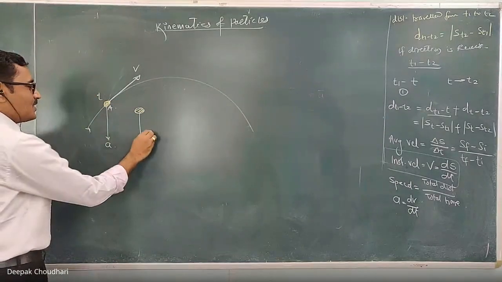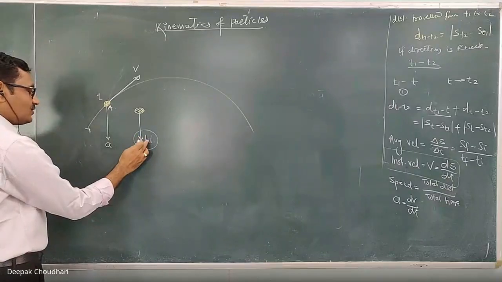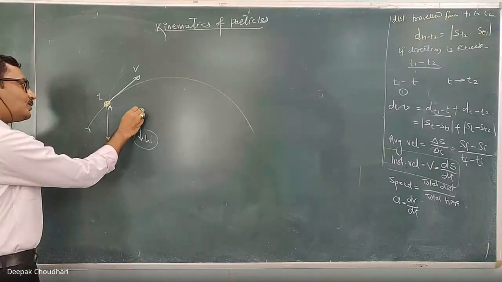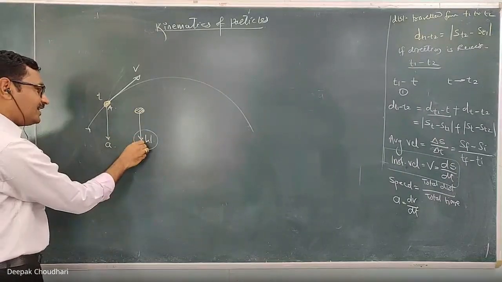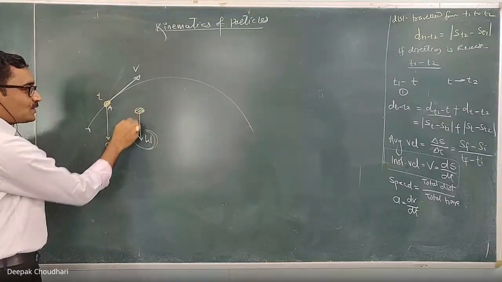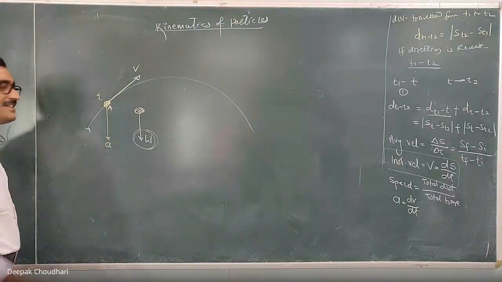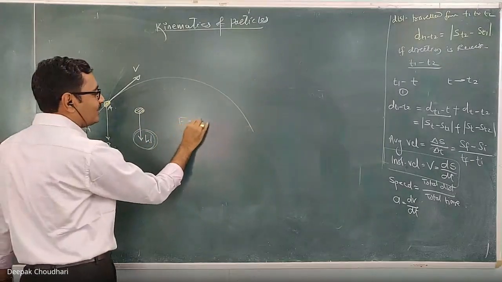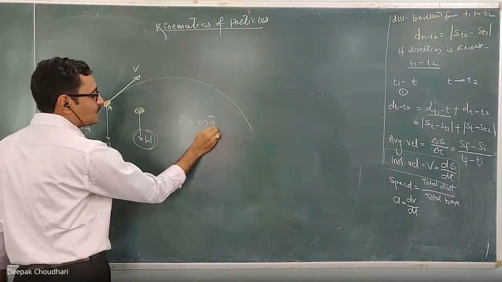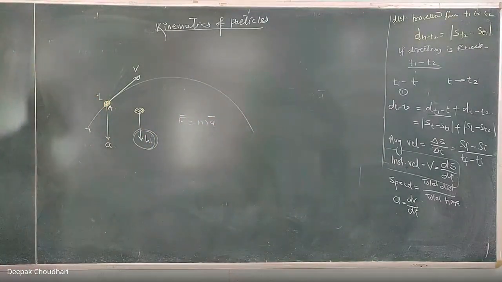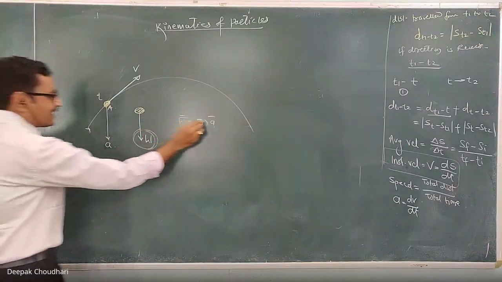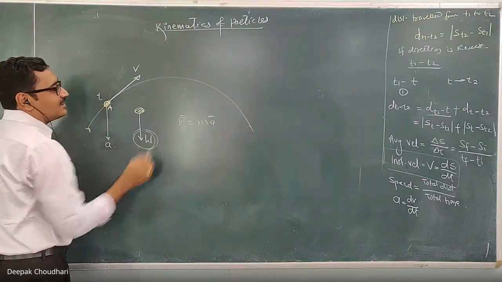Now since this weight is the only force acting on that particle, which is always vertically downward, this becomes the unbalanced force acting on this particle. According to Newton's second law, the unbalanced force is always responsible to produce certain acceleration, and this acceleration is always in the direction of this unbalanced force.